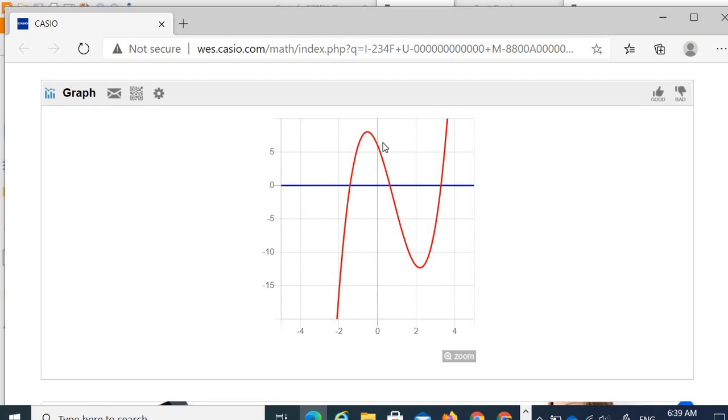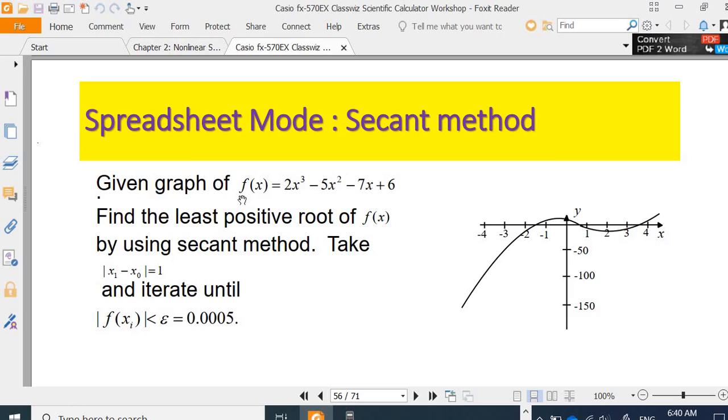The roots: actually a cubic has three roots, 1, 2, 3. So which root do they want to find? They want the least positive root of f(x) by using the secant method. The least positive means the smallest positive, so it will be this root that they want.